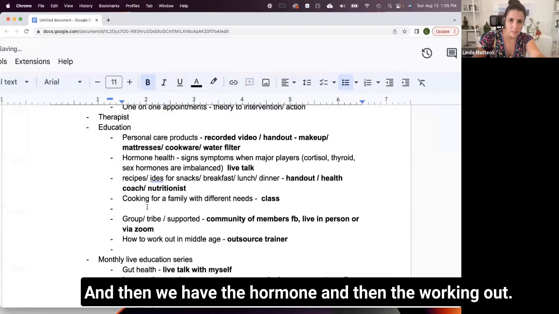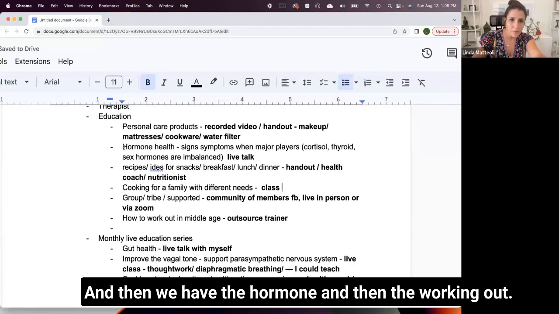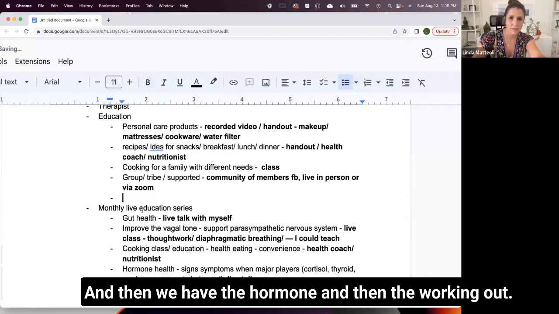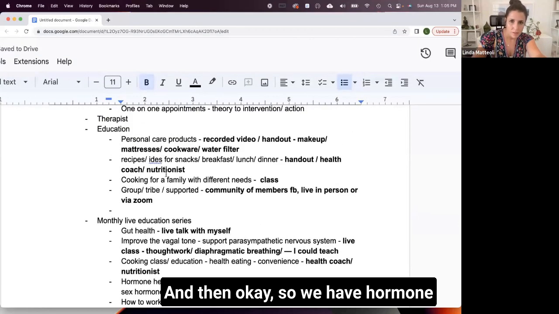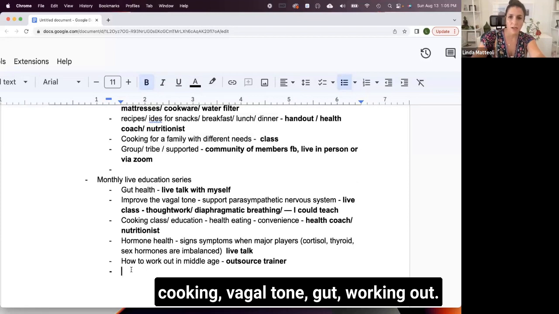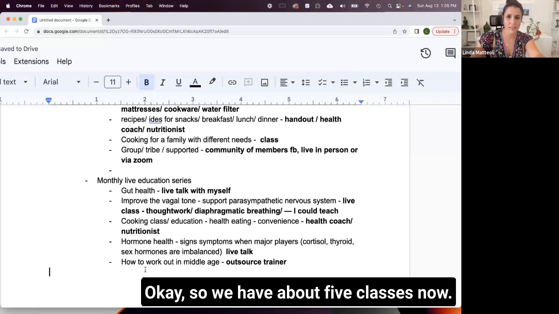And then we have the hormone. And then the working out. And then, okay, so we have hormone, cooking, vagal tone, gut, working out. Okay, so we have about 5 classes.